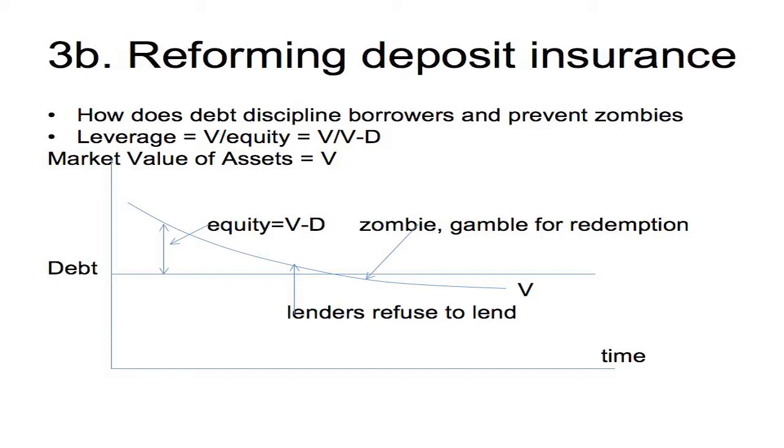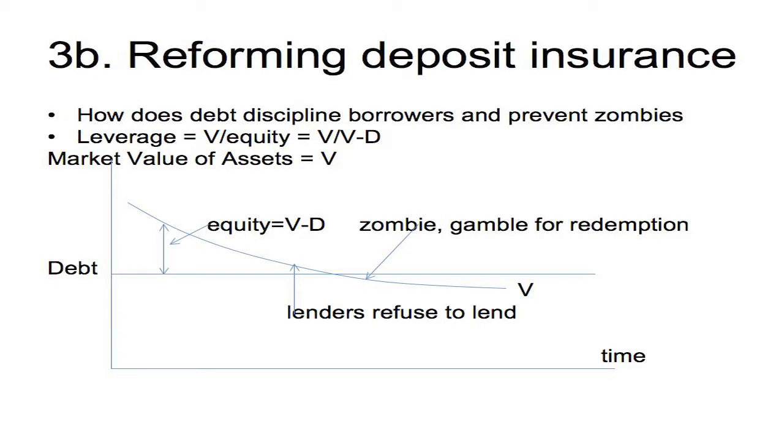And here's the value of the firm. The difference between the value of the firm and its debt is its equity. V minus D is the equity of the firm. It's looking quite good here. I'd say the leverage ratio is maybe 3. Equity is 1/3 of value, maybe less than 3, 2.5 here.